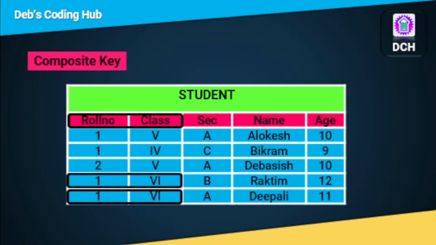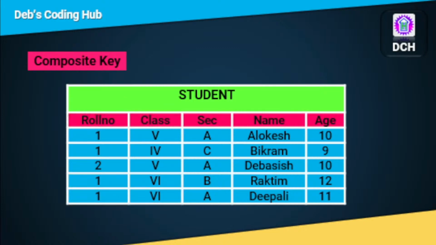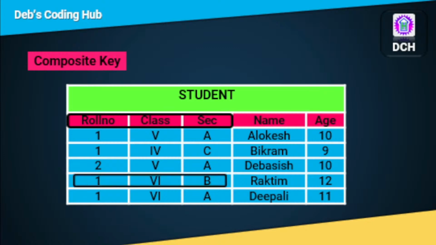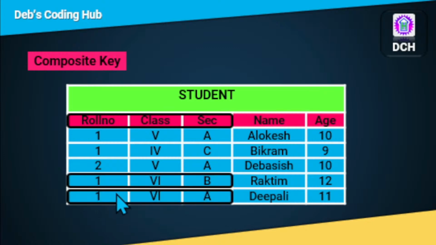So roll number and class together cannot be termed as primary key or set as primary. Now let us consider roll number, class and section, these 3 fields. Now see, 1, 6 and B, that means roll number 1, class 6 and section B is separate from roll number 1, class 6 and section A. So if I combine roll number, class and section, I'll be able to identify a particular student's record uniquely.